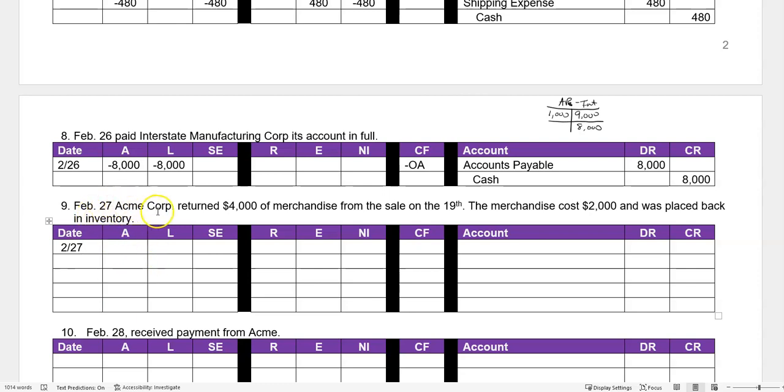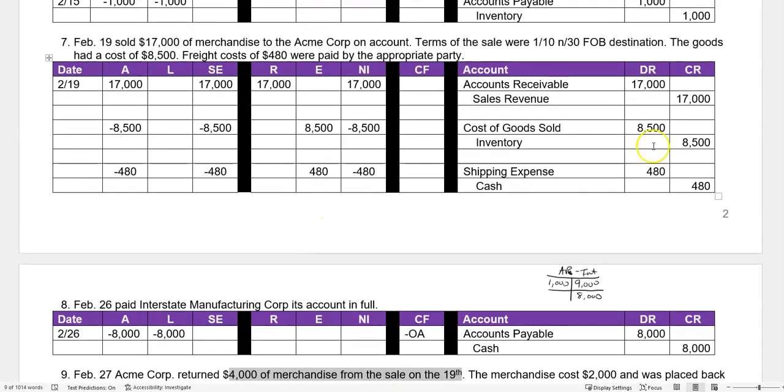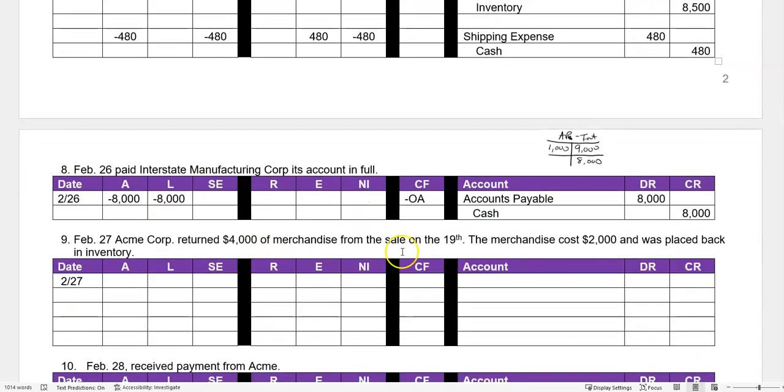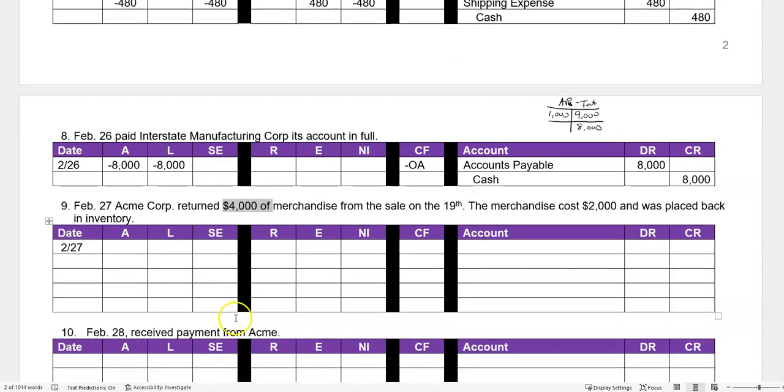All right, February 27th, Acme returned 4,000 of merchandise from the sale on the 19th. So back up here, remember we sold 17. Now of that 17, they're returning 4,000 of it. Now what do we do when we have a return? Remember in our last video, when we were doing the accounts receivable life cycle and we sold goods, one possibility was a return.